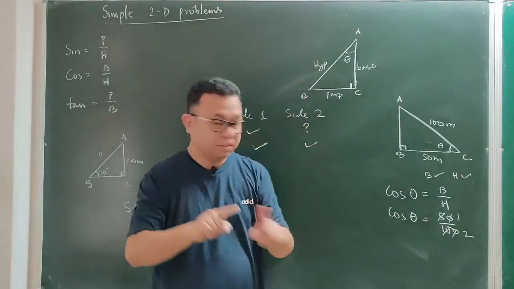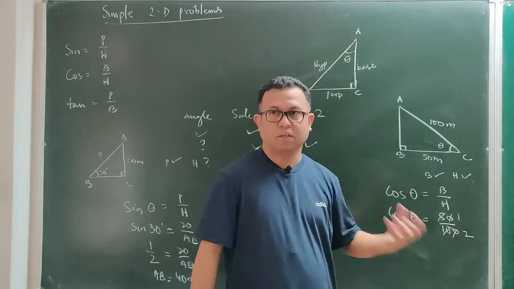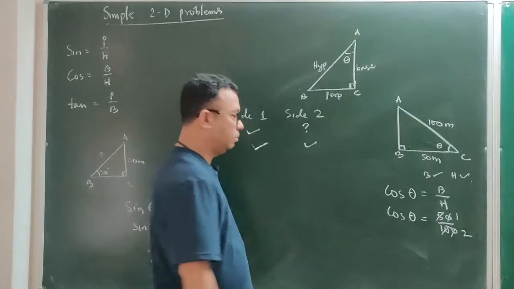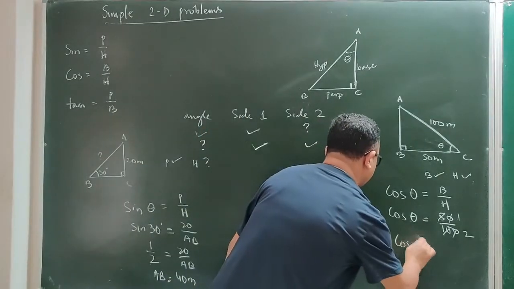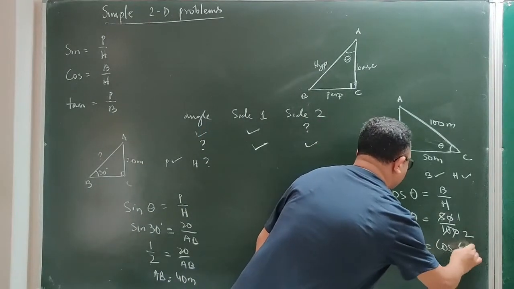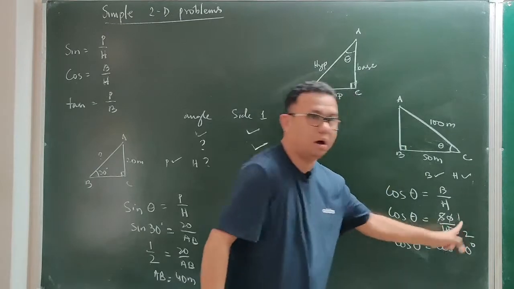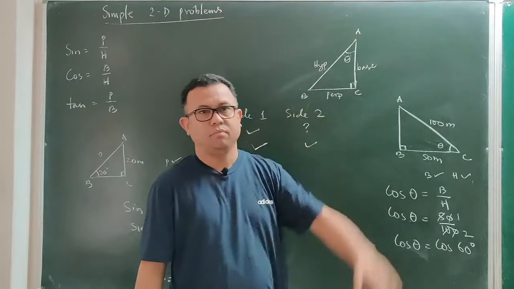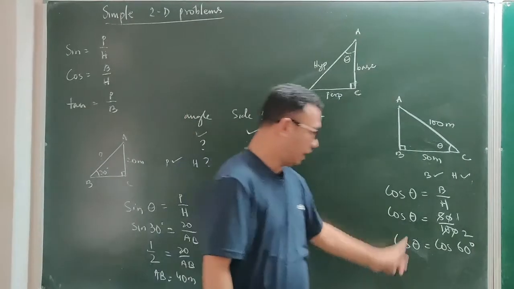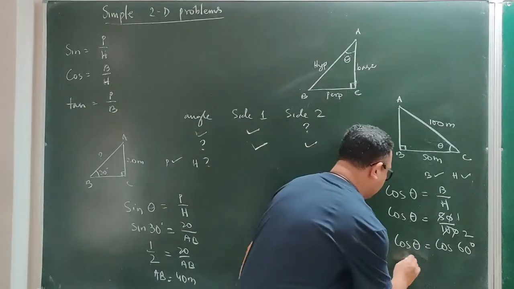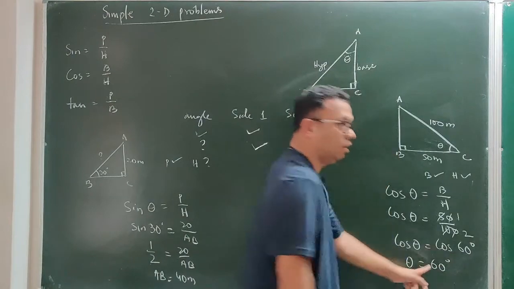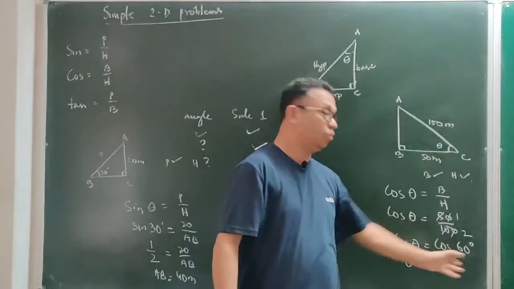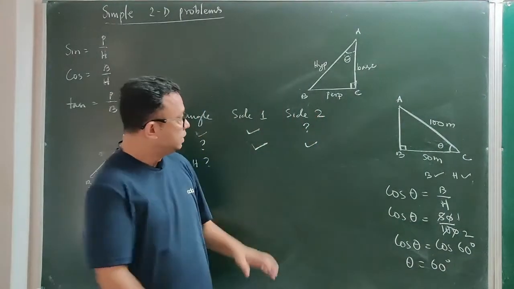From the standard angle table, you know that cos 60 is half. So cos and cos will cancel, in our mind; don't cancel it here. So theta is 60 degree. The missing angle here, theta, is 60 degree. This is how you have to select.